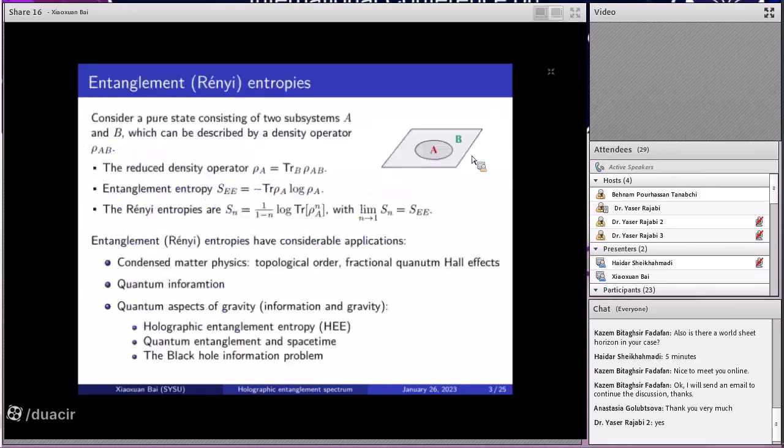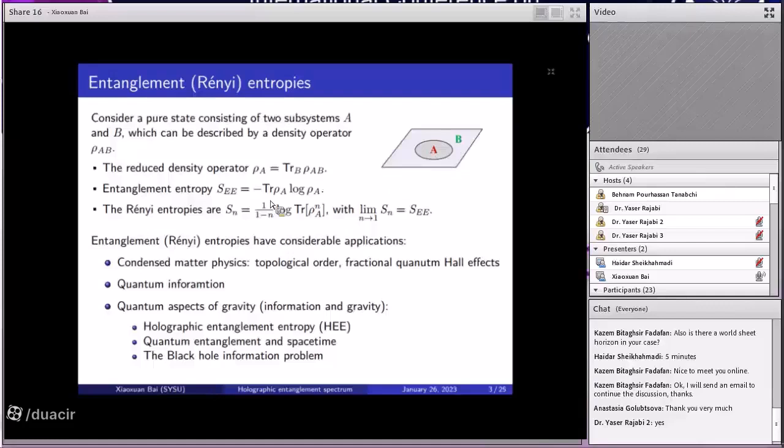To define the entanglement entropy, we can consider a pure state with two subsystems A and B. They can be described by a density operator rho AB. Then the reduced density operator is defined by taking the partial trace of rho AB, so it only depends on the degrees of freedom of A. The entanglement entropy is just the von Neumann entropy of the reduced density matrix.